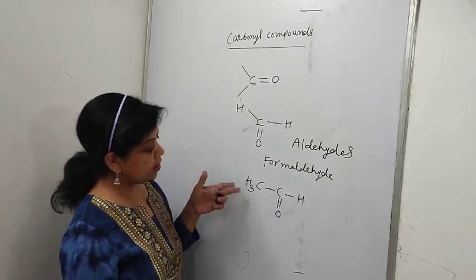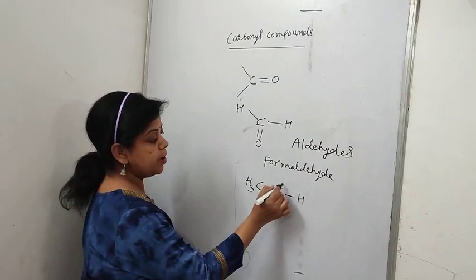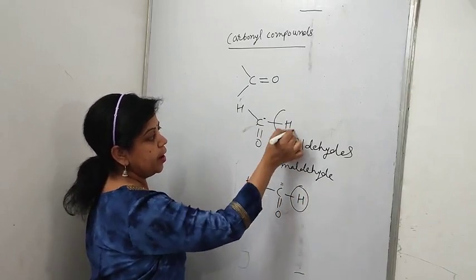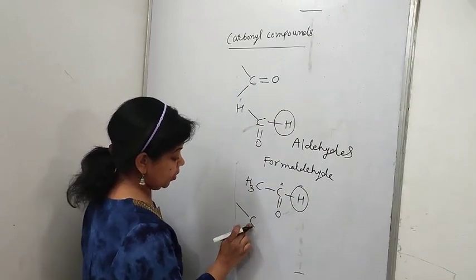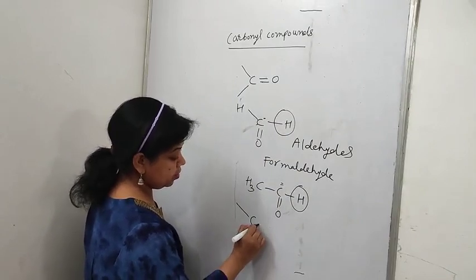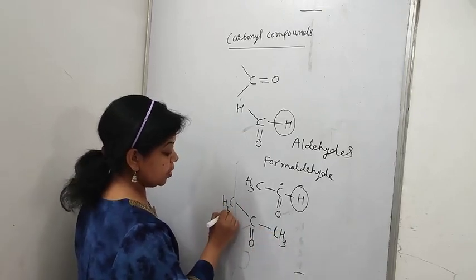Students, we have seen that in both the compounds our carbonyl carbon is bonded with hydrogen atom, and when carbonyl carbon is bonded with another carbon, then it is known as ketone.